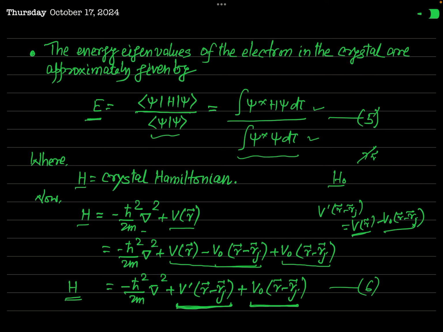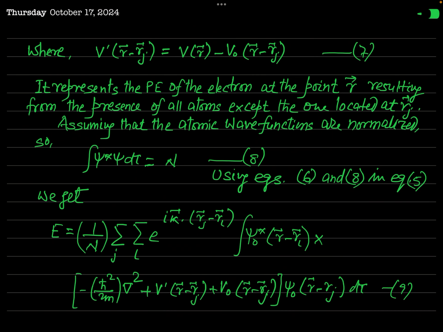It is the integral of psi star psi d tau. And as the total number of ions is n, according to the normalization condition, this integral will be equal to n. So assuming that the atomic wave functions are normalized, we can write this integral equal to n.